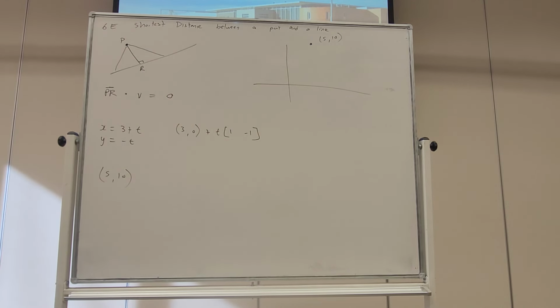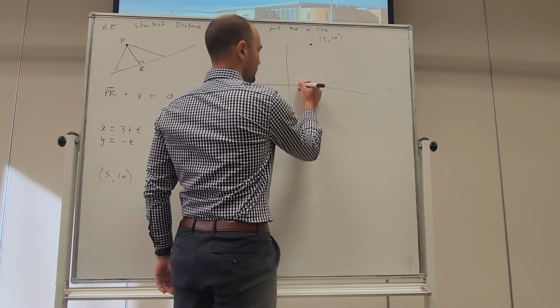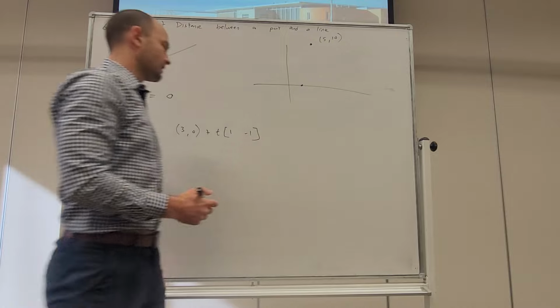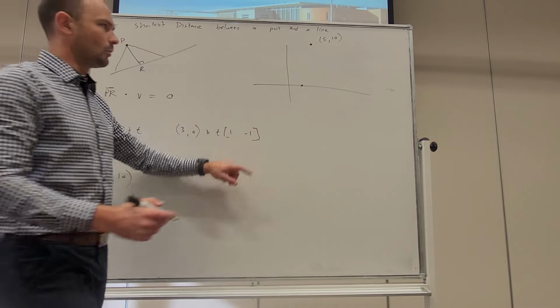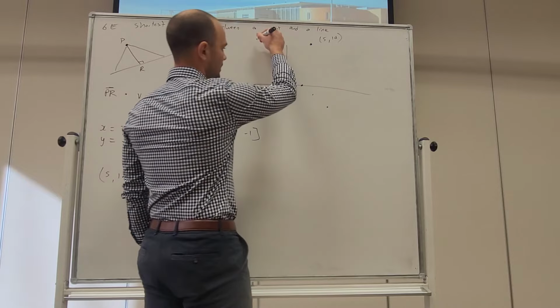So here's the parametric equation, here's the vector equation. x is 3, y is 0, so that would be there, and it's going across 1, down 1, across 1, down 1. So it's this line here.